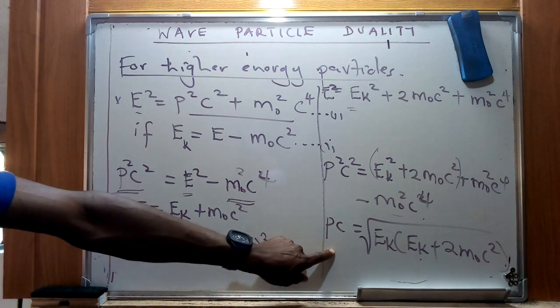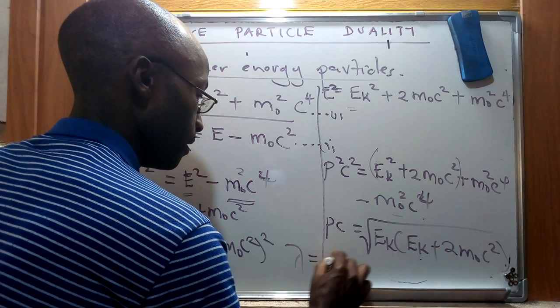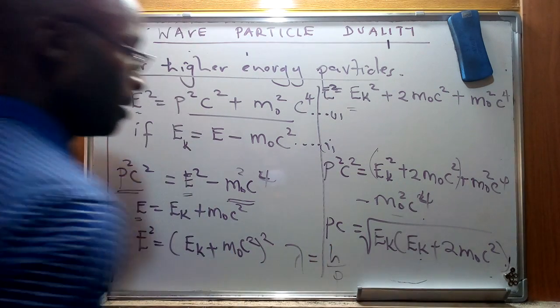So from this one we can derive the relationship for lambda, since we said that lambda can be given as h over p.